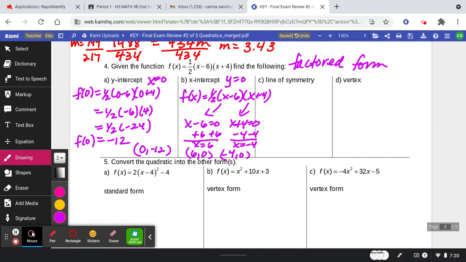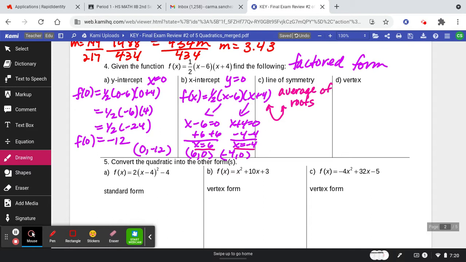Okay, the line of symmetry can be done by finding the average of those roots that we just found in this last equation, the 6 and the negative 4. Imagine that you've got a parabola that touches at negative 4 and touches at 6. And I want to find the line of symmetry that's right in the middle of that.